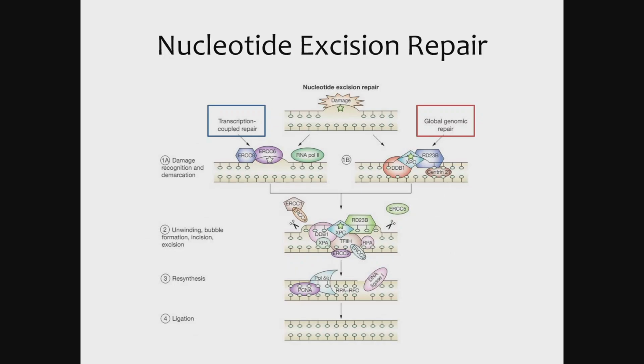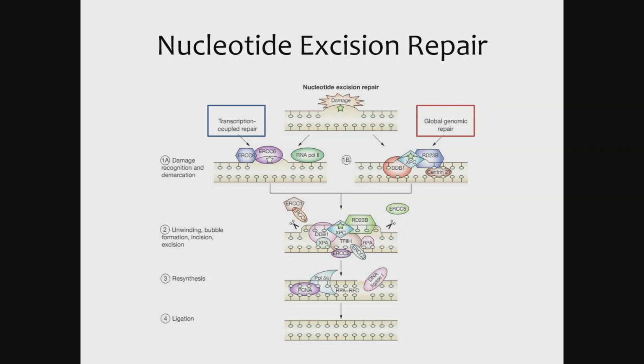And what is different is the way of recognizing our broken DNA. If we have the global genome pathway, then we have XPC and RAD23. But if we are in a transcribed region, we will have the polymerase that will be followed by these two proteins. ERCC is the other name for CSA and CSB. Many times in biology, it depends on two people discovering them at the same time.